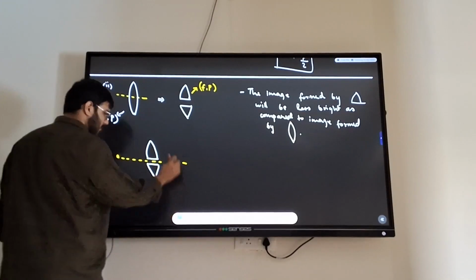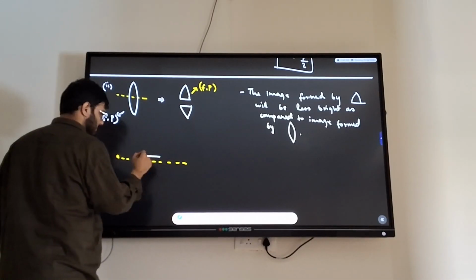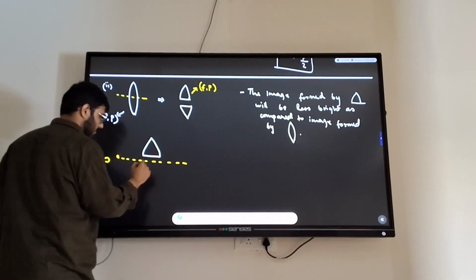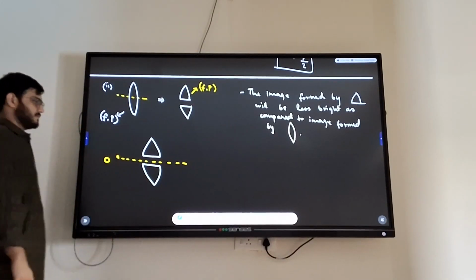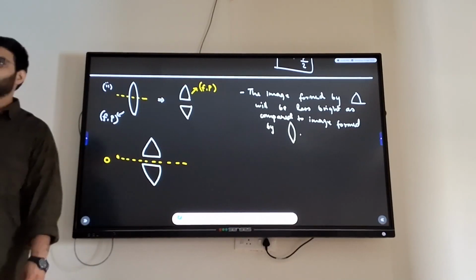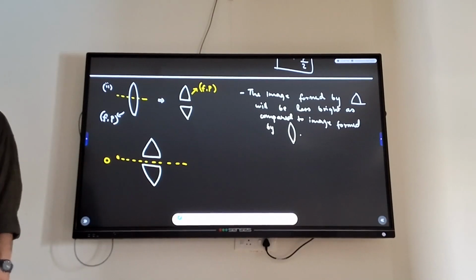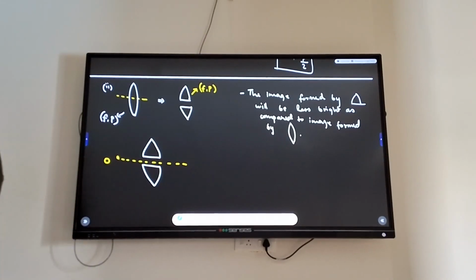How will the image be formed? Can somebody tell me? What kind of image? How many images will you get? Let me ask you that. How many images? Two images. Anybody else?